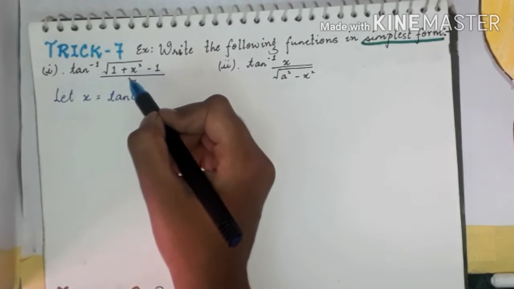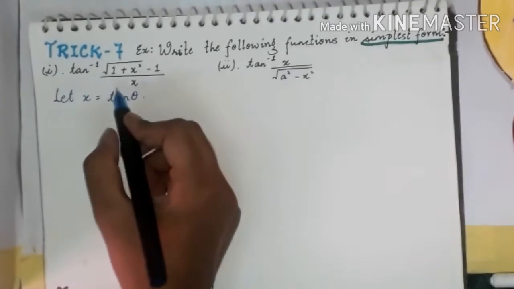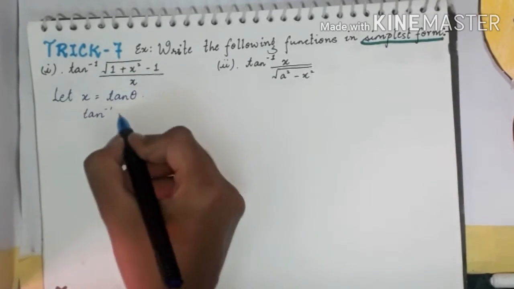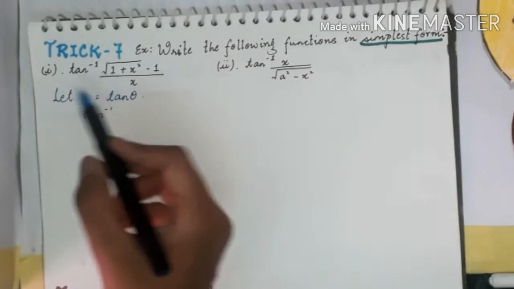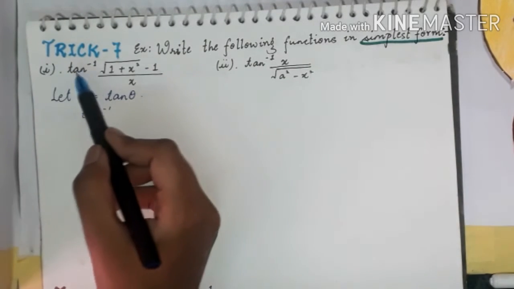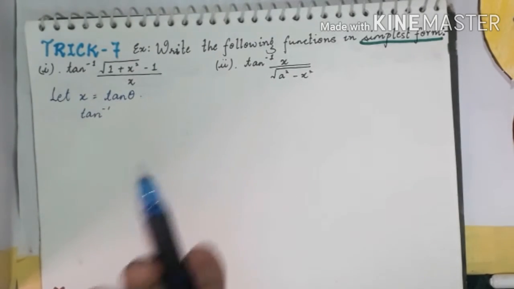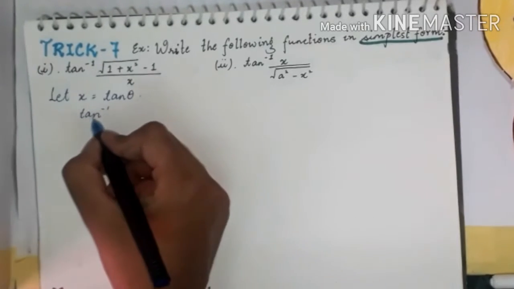And then in place of 1 plus tan square theta, you can write sec square theta. This is the way you have to solve it. In such questions where you have to write the simplest form, you have to remove this inverse trigonometric function and find a numerical value or a definite number only, without any trigonometric or inverse trigonometric function.